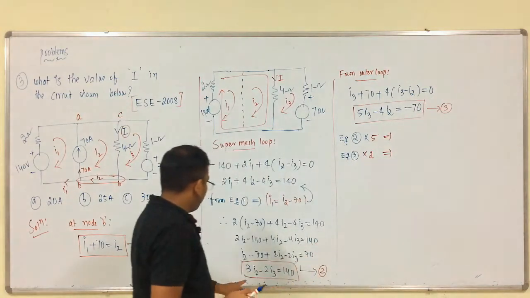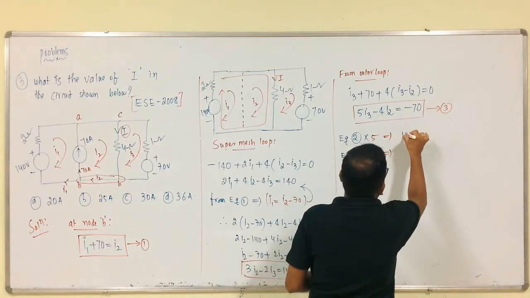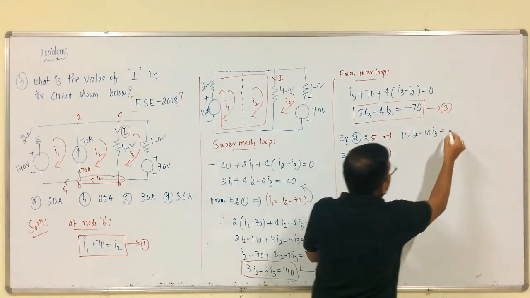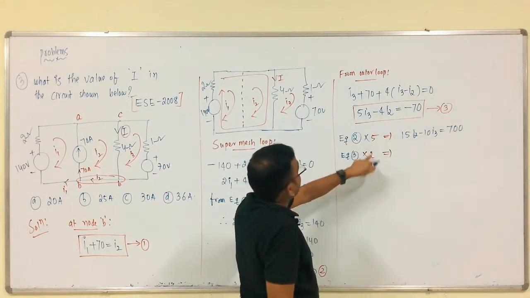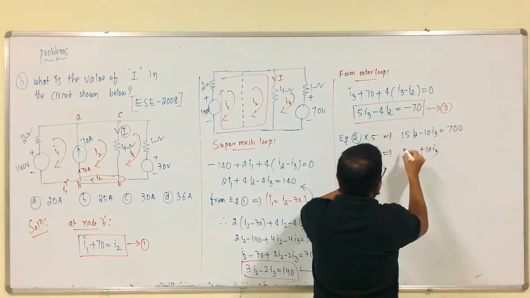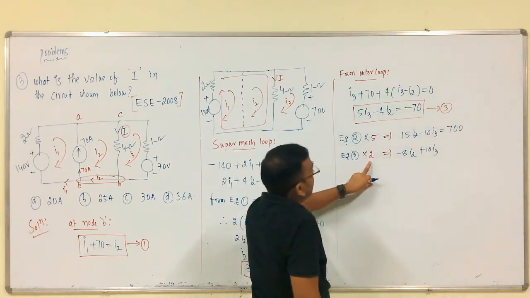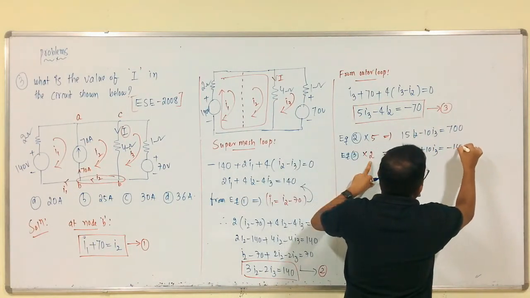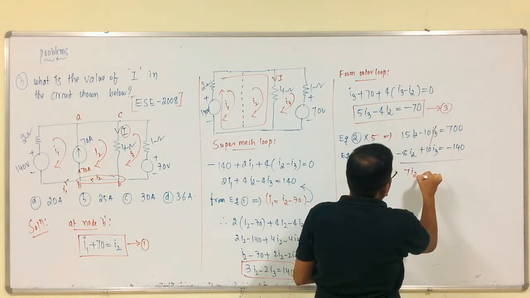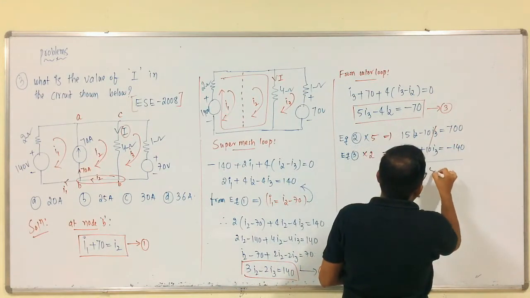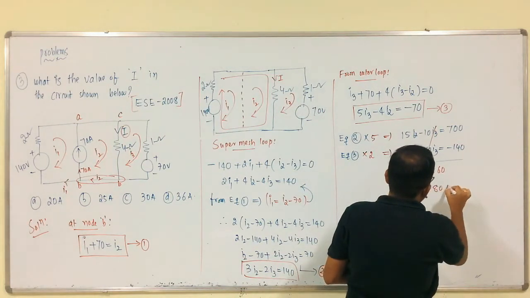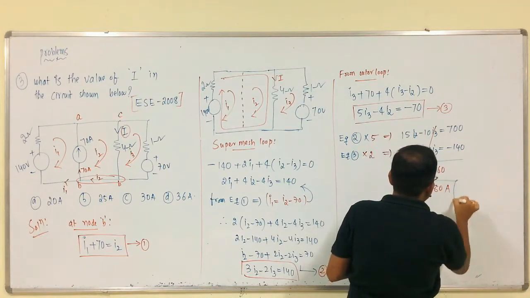So, 15 I2 minus 10 I3 equals 140 into 5, which is 700. Equation 3 multiplied by 2 gives 10 I3 minus 8 I2 equals minus 140. So, 7 I2 equals 560. I2 is equal to 80 amps.